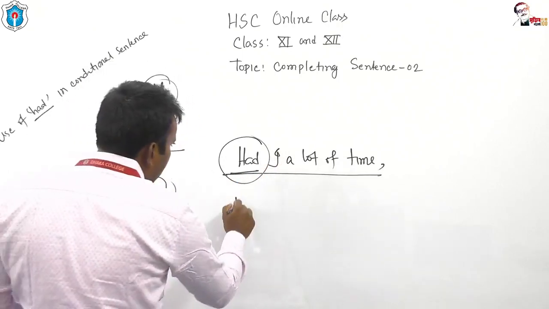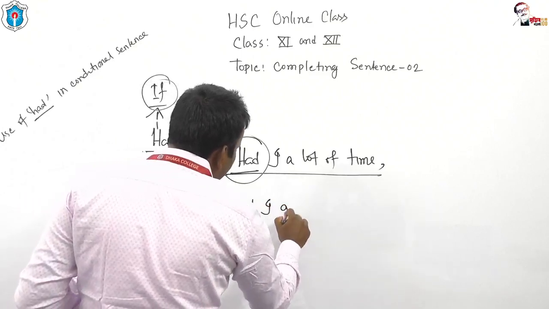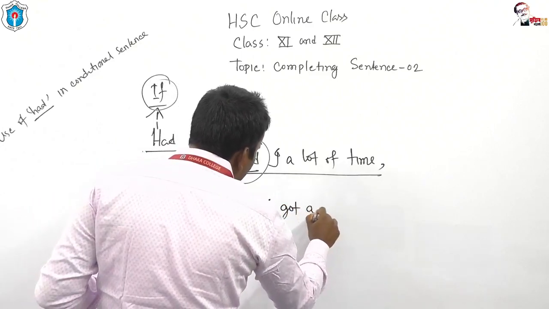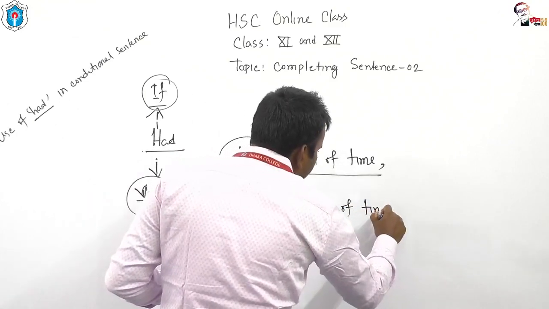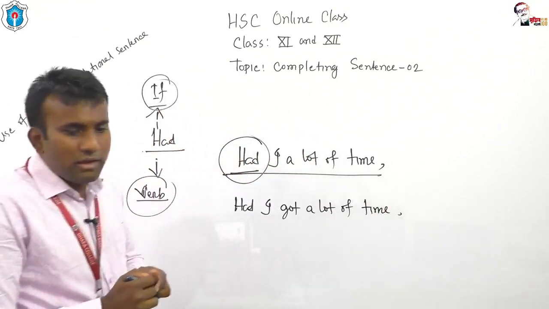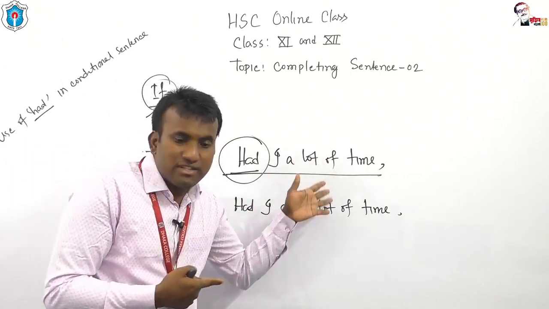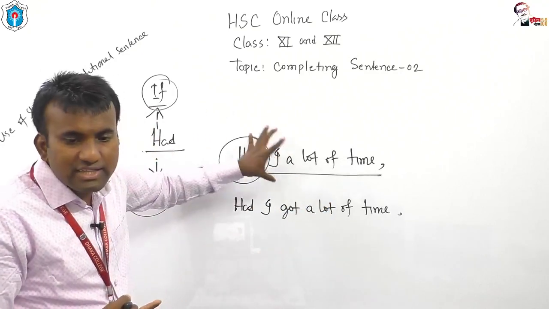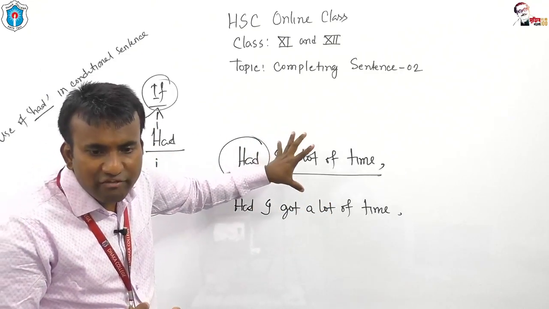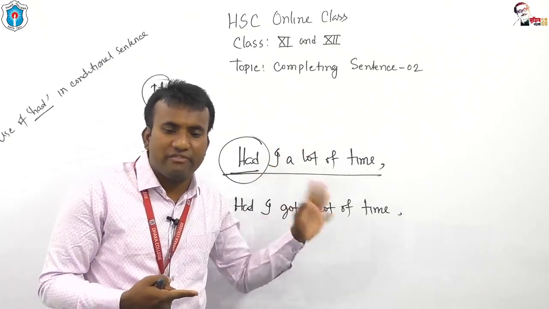If I say, "Had I got a lot of time?" look at the close difference between these two examples. The first one is an example of past indefinite tense, and the second one is an example of past perfect tense. Why?